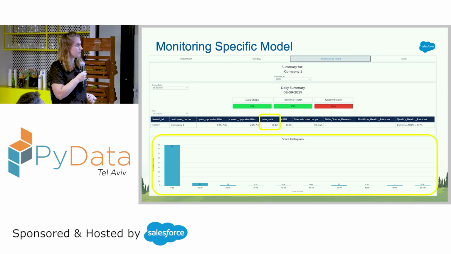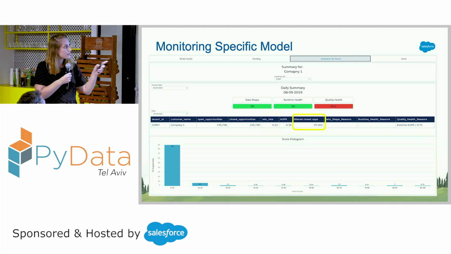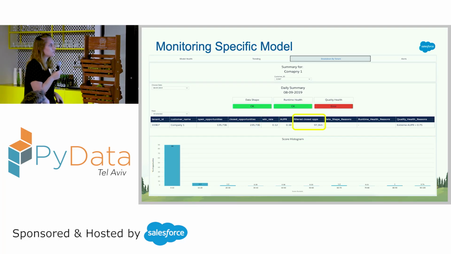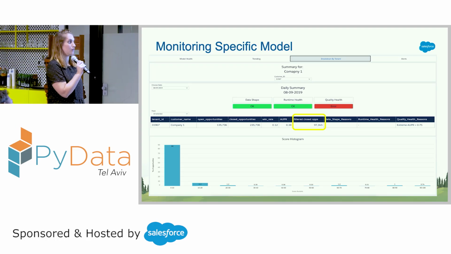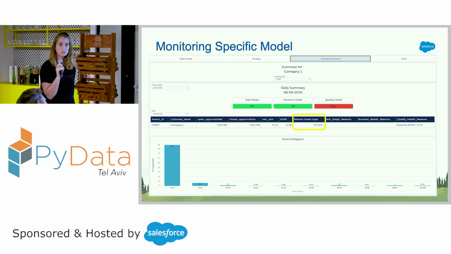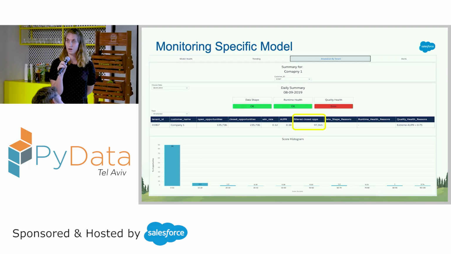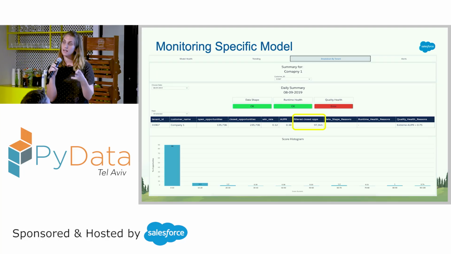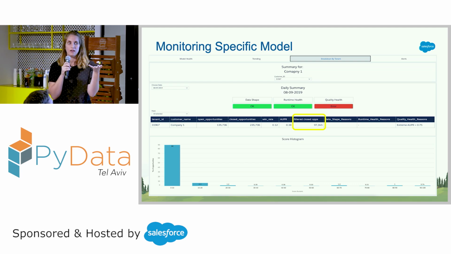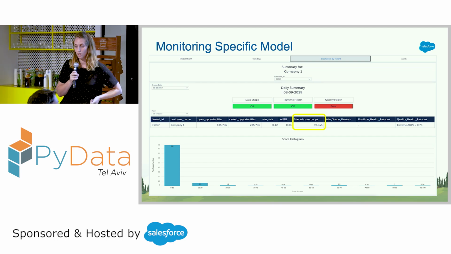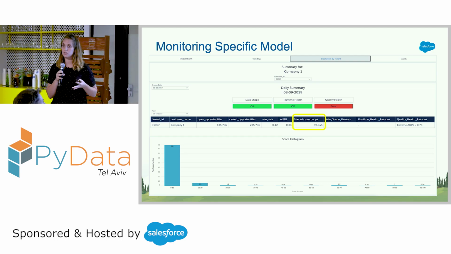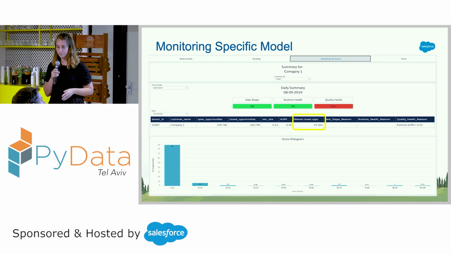But we can see something even more interesting. We can see that this customer has almost 1,000 filtered opportunities. Filtered opportunity is a feature we have in our system that gives the customer the ability to use his prior knowledge about the data and to filter opportunities from influencing the model.